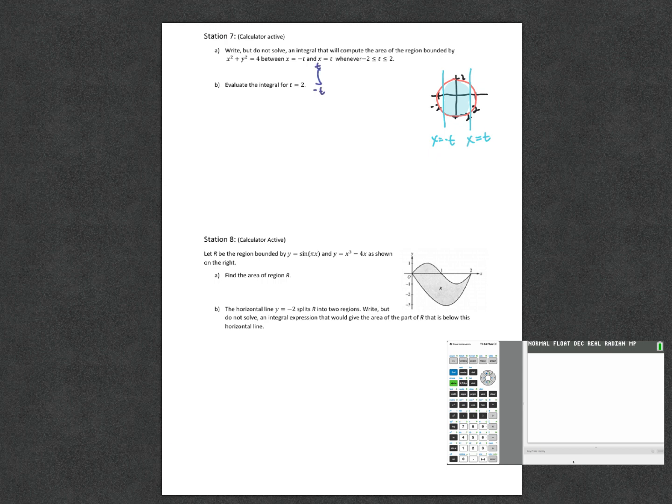All right, and then if we're going to do top minus bottom, we have to solve this for y equals something in terms of x. So let's do that down here.